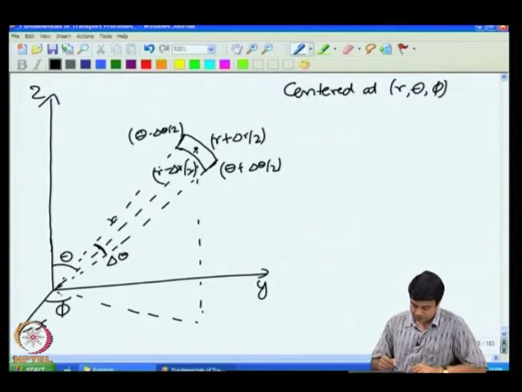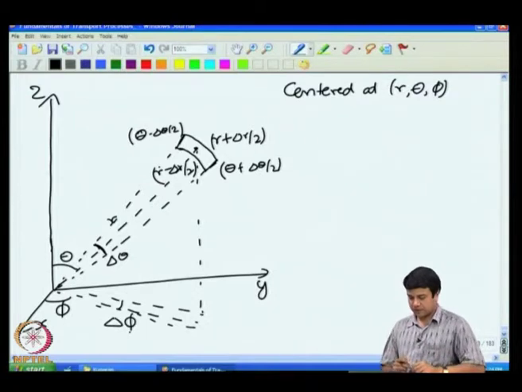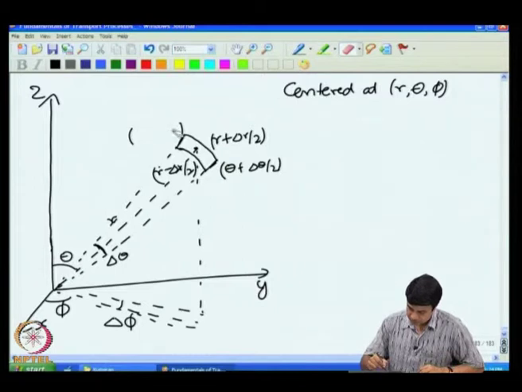Phi is this angle, the angle that the unit vector makes with this coordinate. So, I have to have two surfaces in this direction whose difference in angle is delta phi. It takes some effort to visualize this, but if you look at it in this direction, it looks something like that.